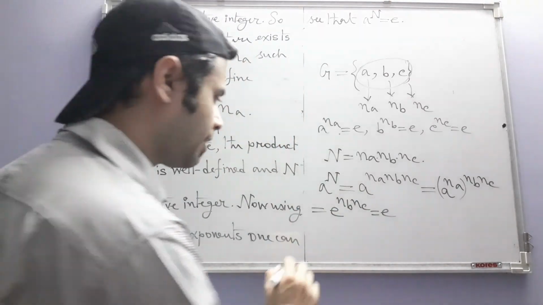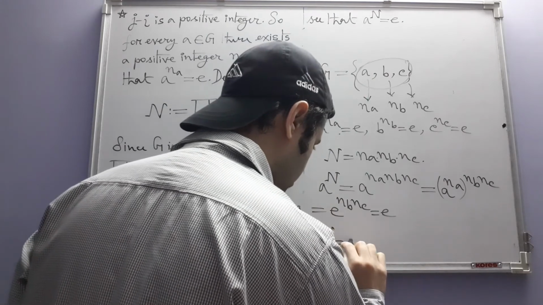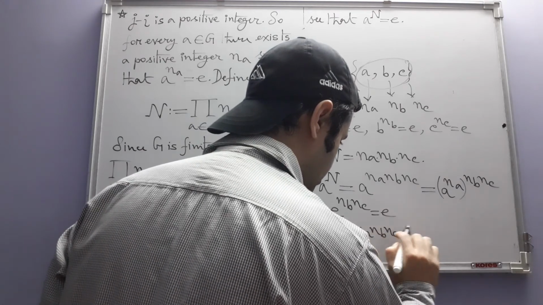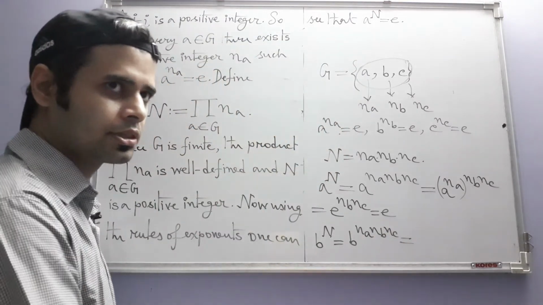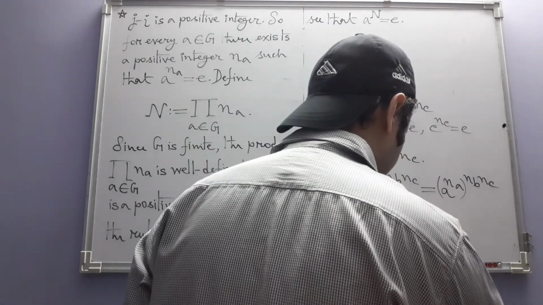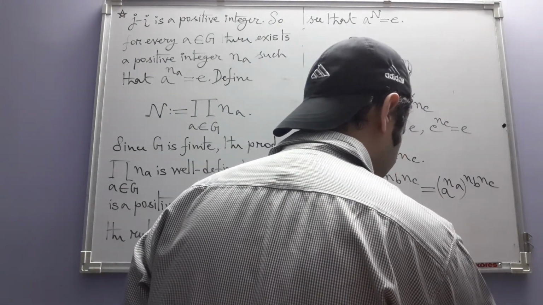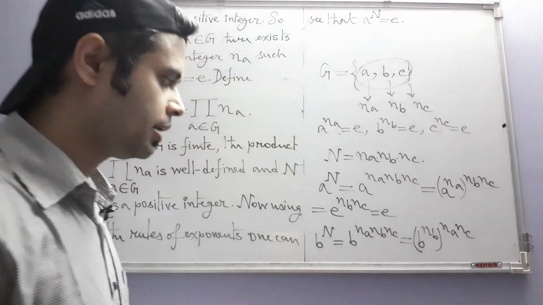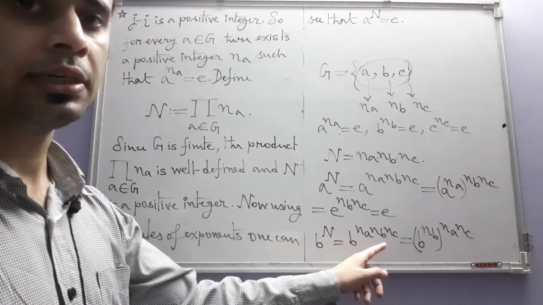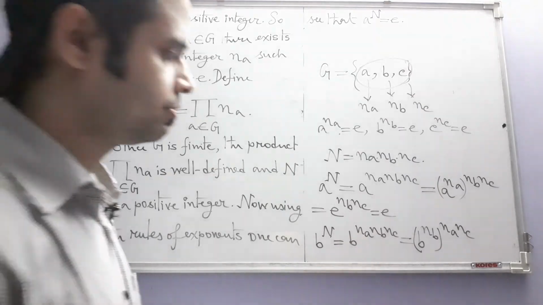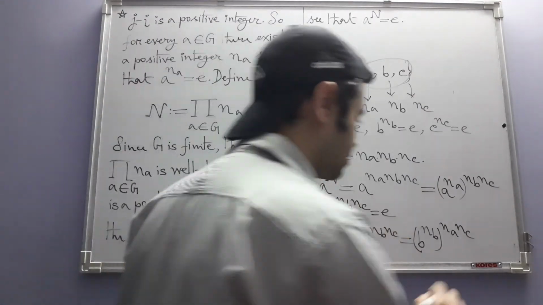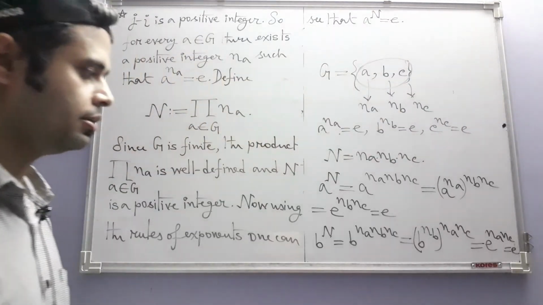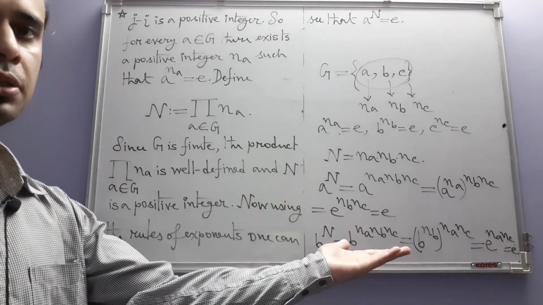If in place of a you have b, na nb nc, you can use the rules of exponent, but instead of having na come inside, you let nb inside. Note that we can do this without any problem because multiplication of integers is commutative and associative. So you can change the order however you like, and this will give us na nc, that is ultimately equal to e. Similarly, c to the power N will also be equal to e.